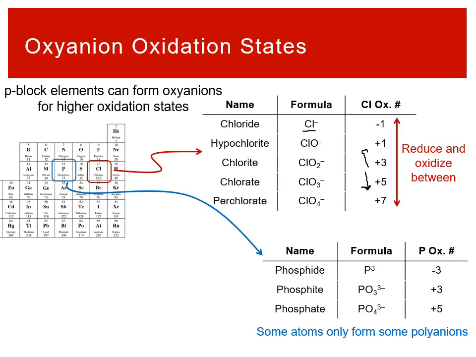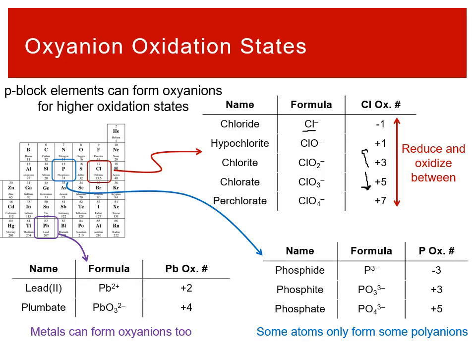Something like phosphorus, you can still form, say, phosphide, and you can form phosphite and phosphate. There is no PO2 polyatomic ion, but instead just PO3 3- or PO4 3-. So there is still some flexibility, but not infinite flexibility when it comes to forming these. And there are all of these possibilities even for the metals in the p block.